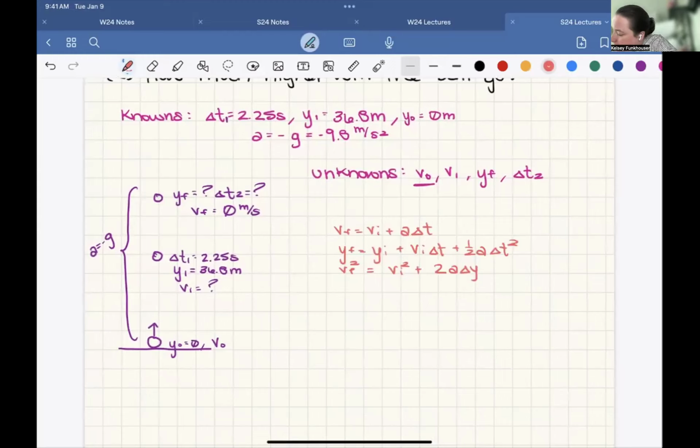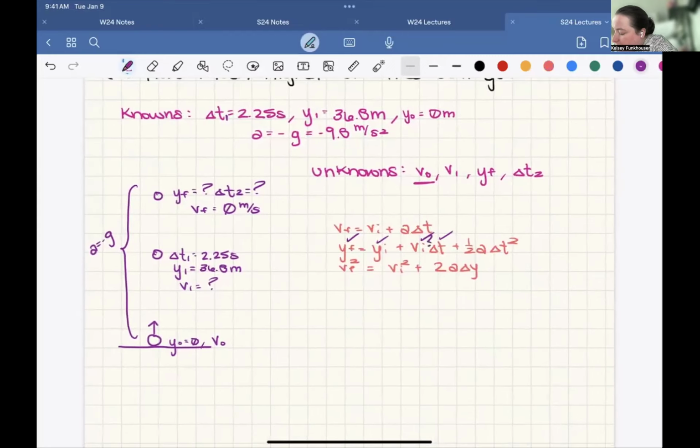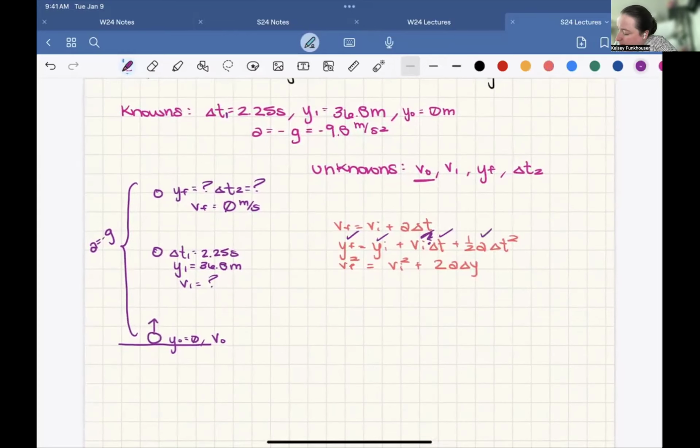So let's take a look. We know the Y final and Y initial. We know the initial velocity and the time interval. Oh, we don't know the initial velocity. Sorry, that's what we want. It's like I know too many things in this.